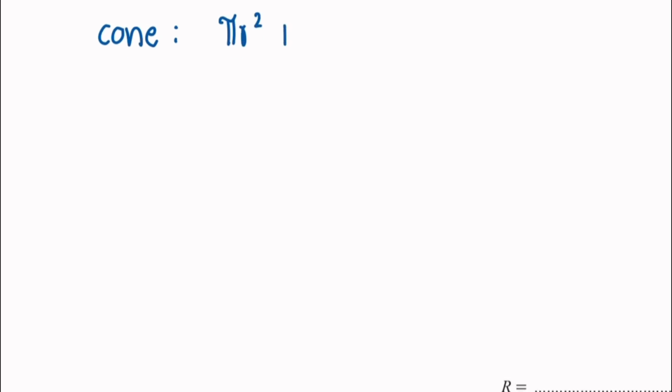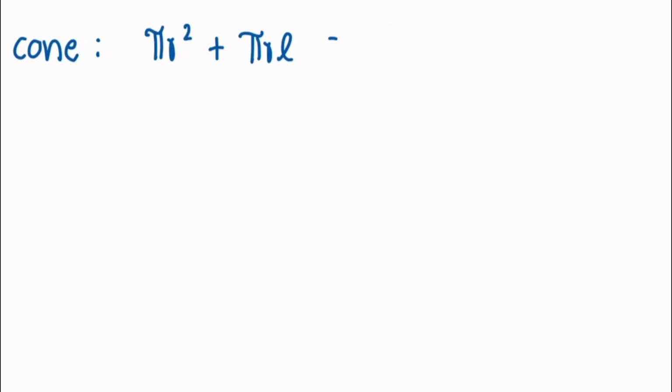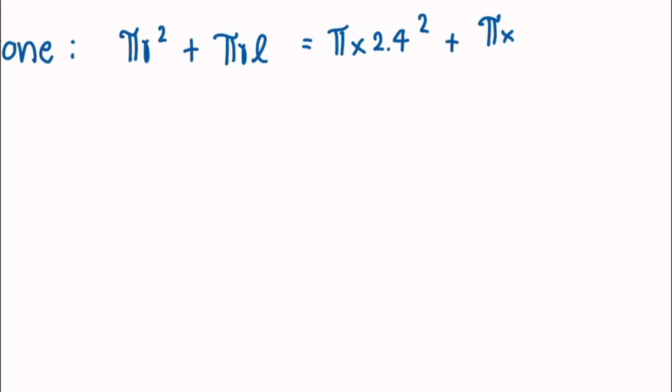The cone is an area of a circle, pi r squared, plus the curved surface area, which is pi r L. Pi multiplied by r squared, which is 2.4 squared, plus pi multiplied by r, which is 2.4, multiplied by slant height, which is 6.3.